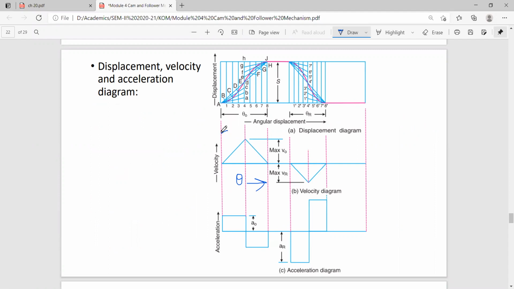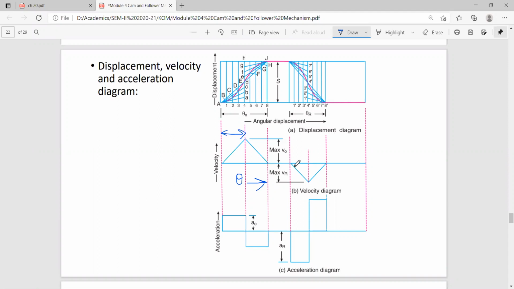This angle is theta 0 by 2. And after that there is retardation, that is deceleration of the follower. Its velocity is continuously decreasing and reaching the zero value at the end of the rise period here.